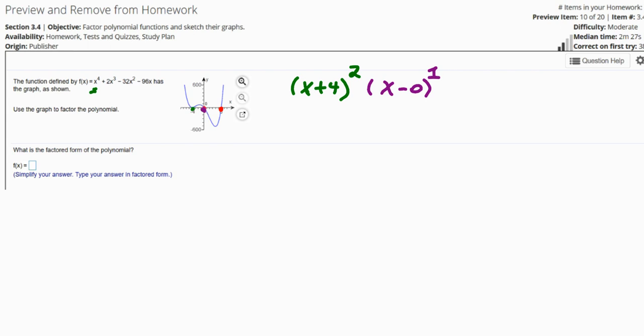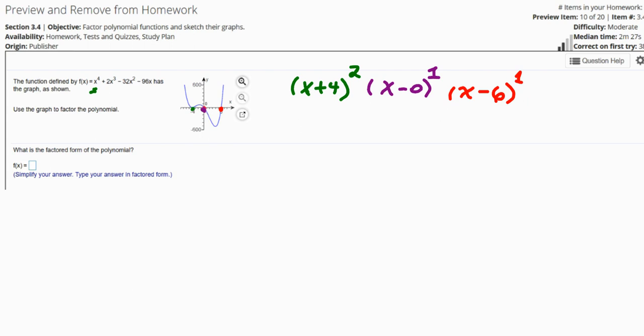And that last one at, what is it? In the middle of that looks like a 6. Right, so at 6, that would mean I'd have another factor at x minus 6 with a multiplicity of 1. So that's how you can factor f of x just by looking at the graph.